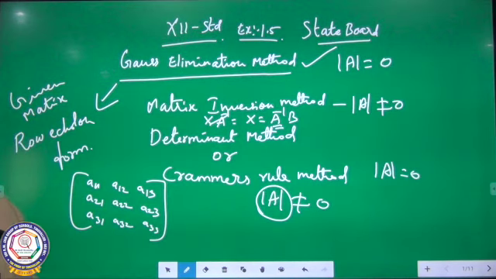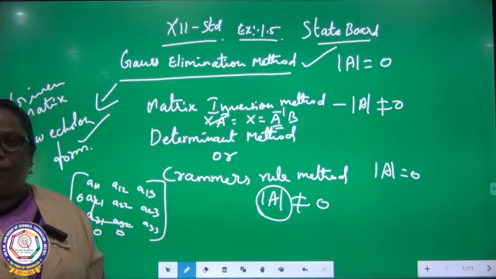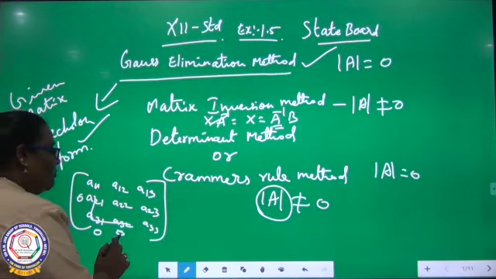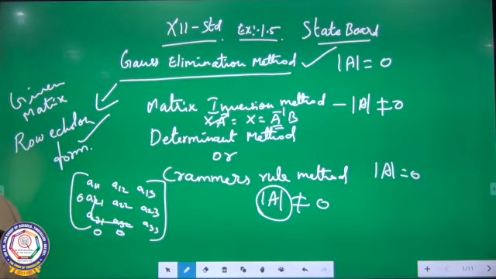You can bring it into an upper triangular matrix. The entries below the diagonal should be 0. It is nothing but row echelon form. Then we can get the values of x, y and z.